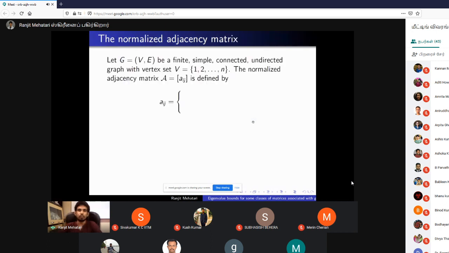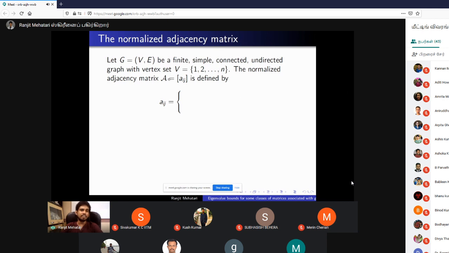Next, we try to construct a bound for the normalized adjacency matrix. Before that, we define what the normalized adjacency matrix is. For the normalized adjacency matrix, we take a graph which is finite, simple, connected, and undirected with vertex set 1 up to n.